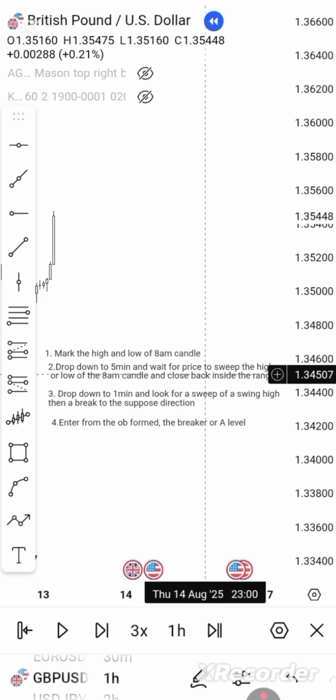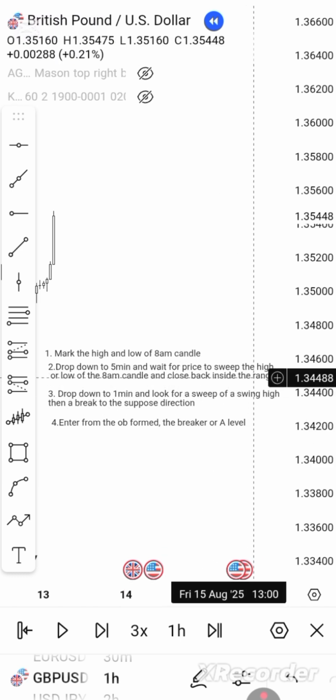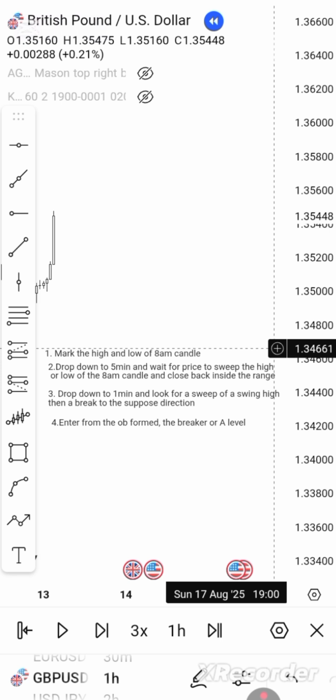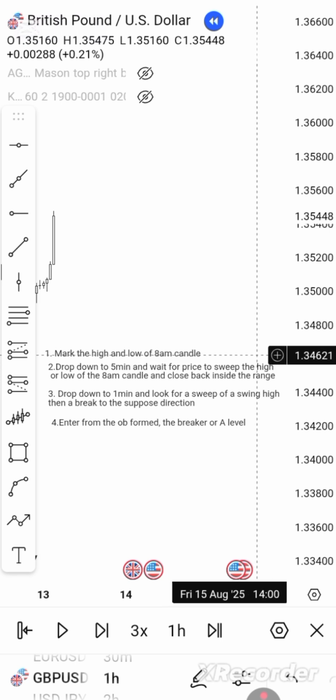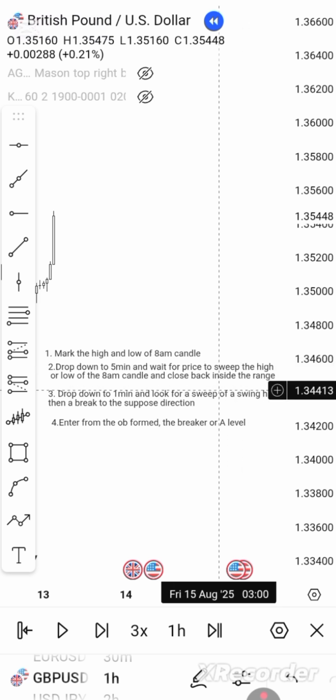Number one thing we should do is to mark the high and the low. If you are with your journal, you can just pen it down. You mark the high and the low of the 8 a.m. candle.